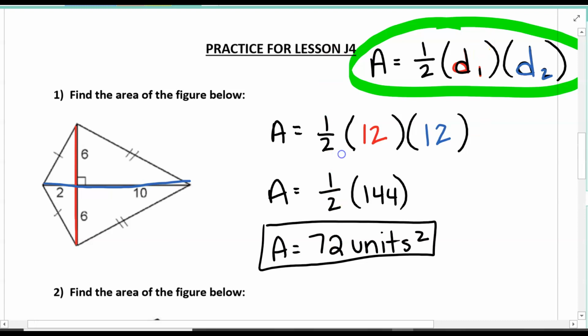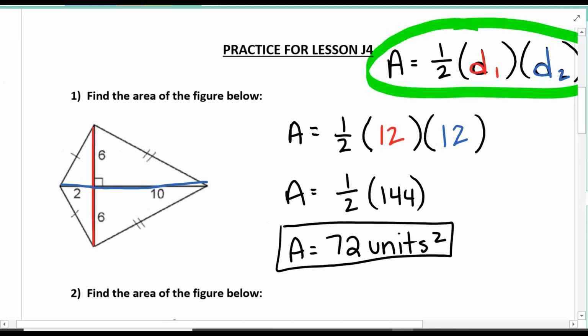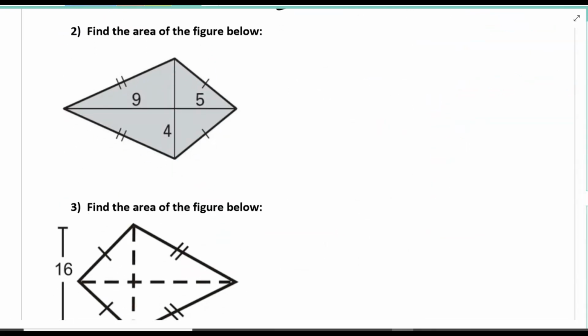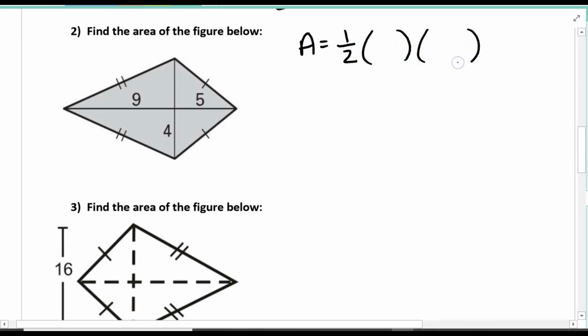Okay, number 2. Uh-oh, it's frozen. Okay, there we go. Number 2. Remember, I start with that same formula. Area equals 1/2 times one diagonal times the other. I have one diagonal going in this direction.